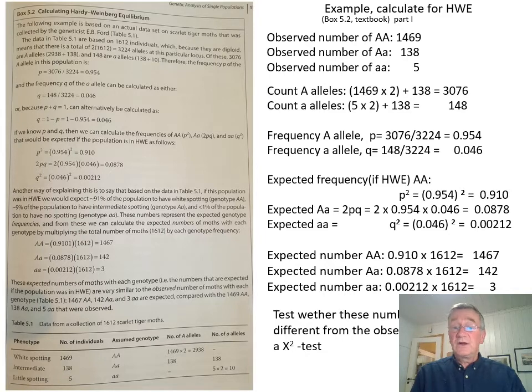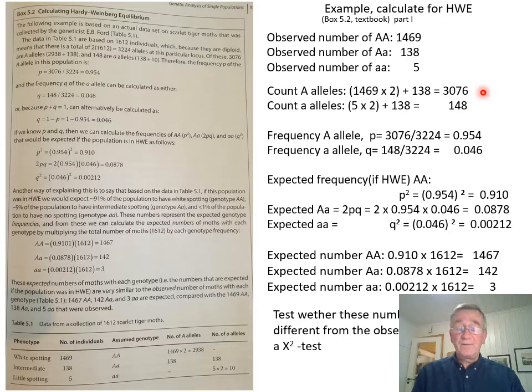That is 1469, the number of individuals, times 2, because there are 2 capital A alleles in these homozygous individuals, and there are 138 heterozygous individuals, each having one capital A allele. This makes 3076 capital A alleles in this population.